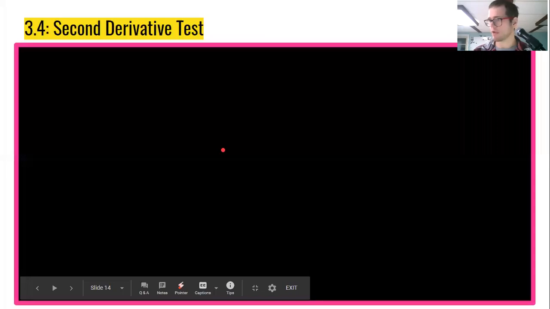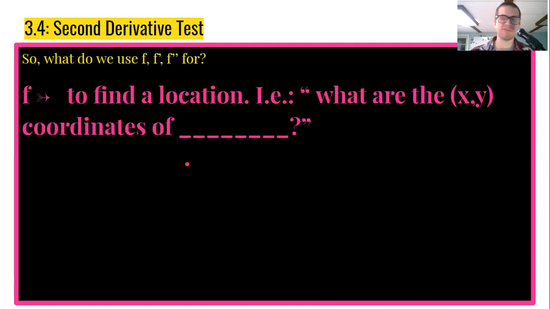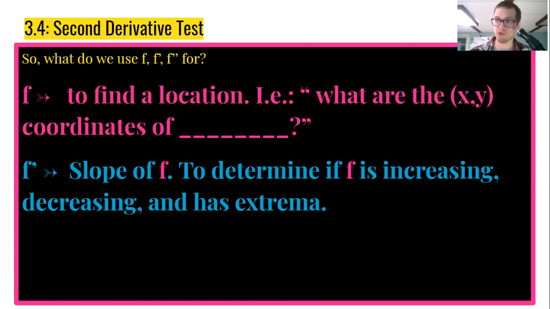So one last thing that I wanted to talk with you about is, now that we're not just using f and not just f prime, but f double prime, I just want to remind you about what each of the things we can use represents. What do we use them each for? f, we use to find a location. Like, what are the coordinates of something? f prime is the slope of f.